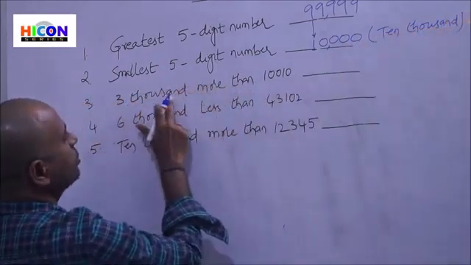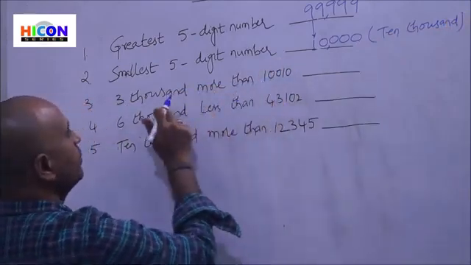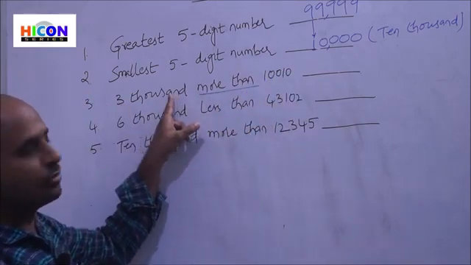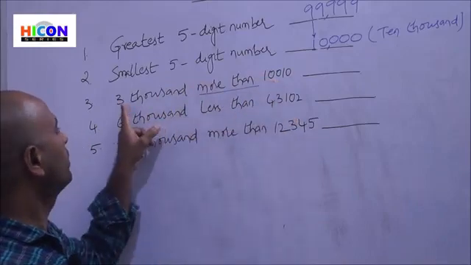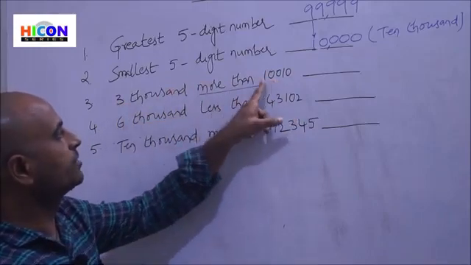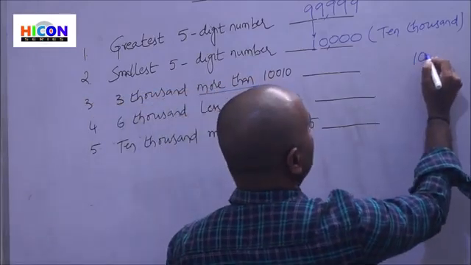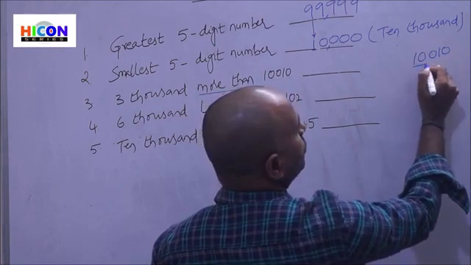Next, 3,000 more than 10,010. More than means we have to add. We add 3 thousands to 10 thousands. This is 10,000 and 10, so there are 10 thousands.